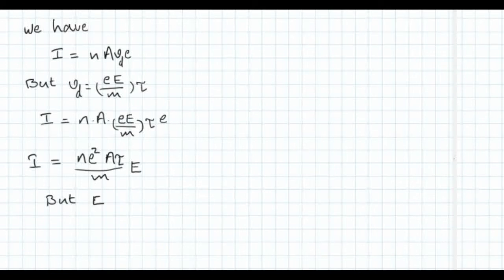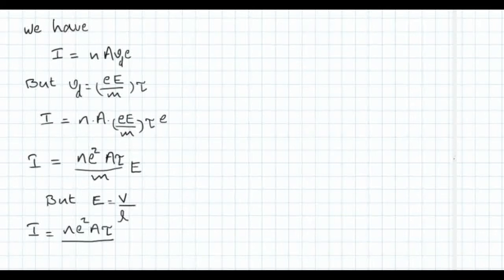But we have seen that E is equal to V by L, where V is the potential and L is the length or the distance between the two plates of a capacitor.